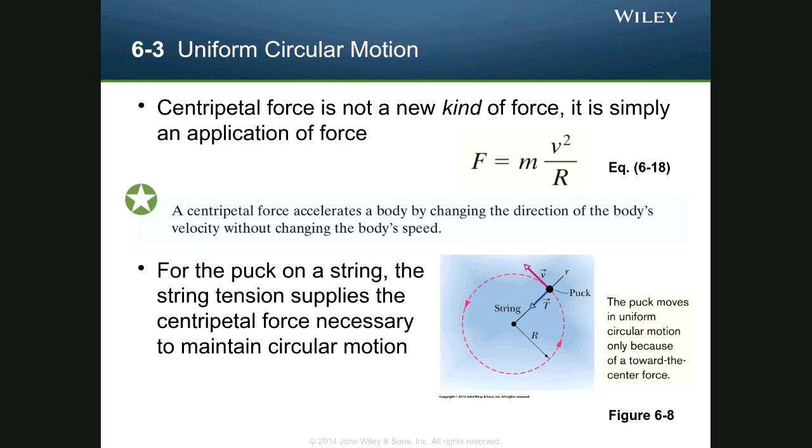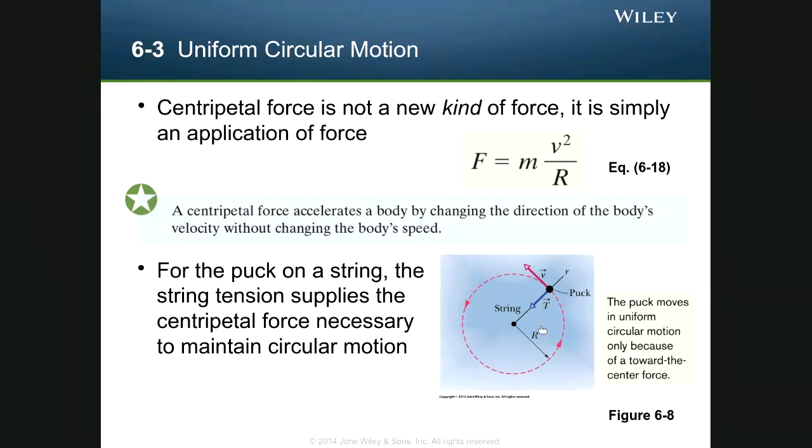So yeah, you're welcome. The centripetal force is just the application of mass times the centripetal acceleration. So you add the mass, and you can figure out the magnitude of that force.